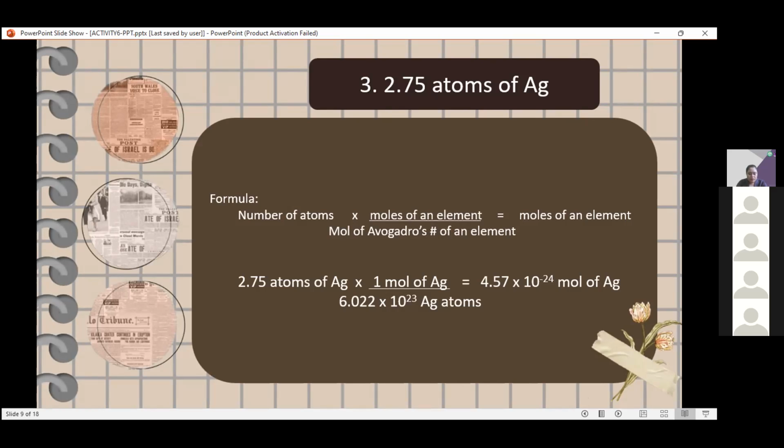Next is number 4. 500 atoms of silicon. 500 atoms of silicon times 1 mole of silicon over 6.0221 times 10 raised to 23 silicon atoms equals 8.30 times 10 raised to negative 22 mole of silicon.